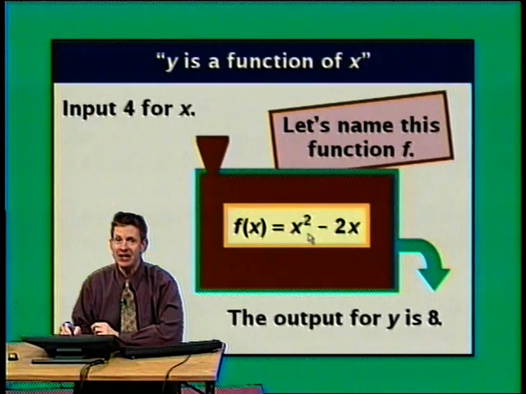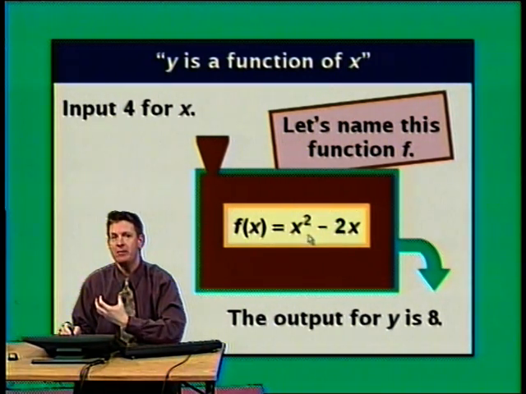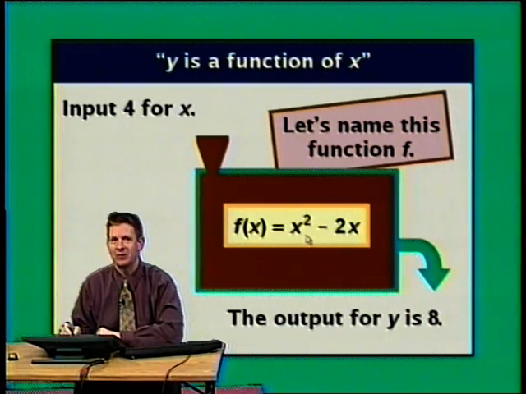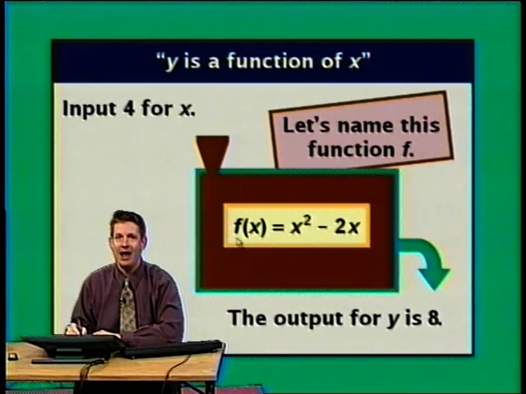Now, I have a suggestion for you. Since you're not in the classroom, you're probably not going to be talking about this language as much as a student would in the classroom. So I suggest you pause the tape and you literally say 5 or 10 times, f of x equals x squared minus 2x, so you can start getting used to thinking of these parentheses being used in this new and novel way.